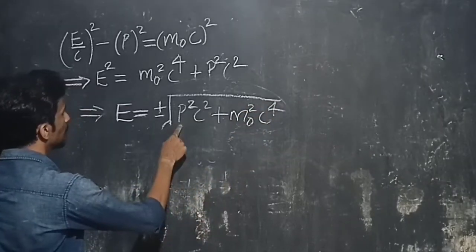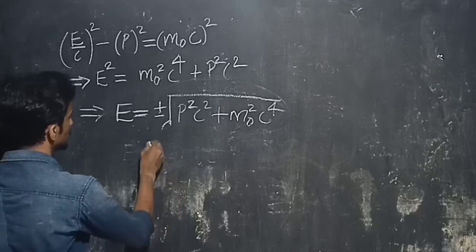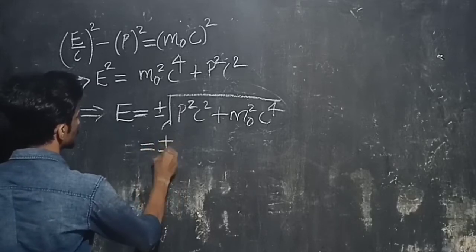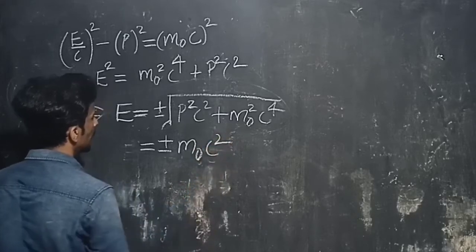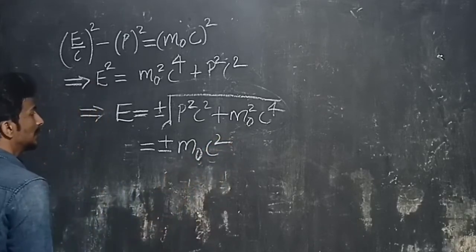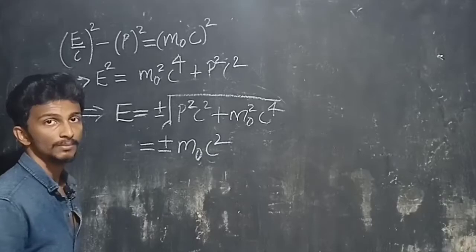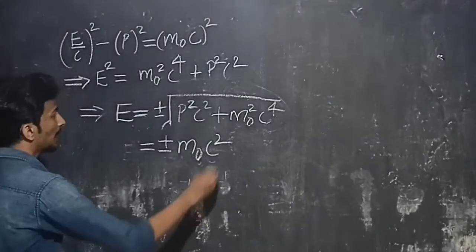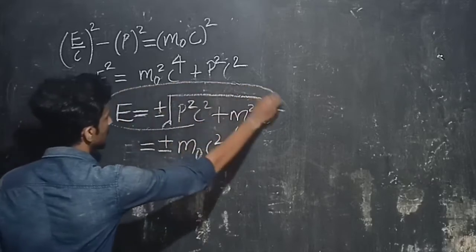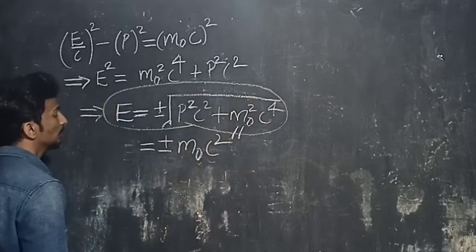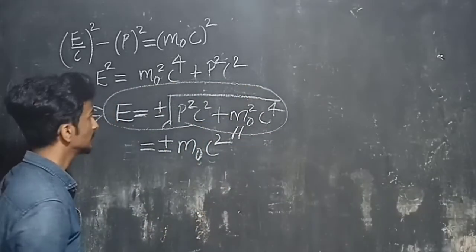If we put momentum P is 0, we get plus or minus m naught C square, and this is exactly the same as the rest frame solutions. So from the analogy, we can say that this E is the solution for moving particles.